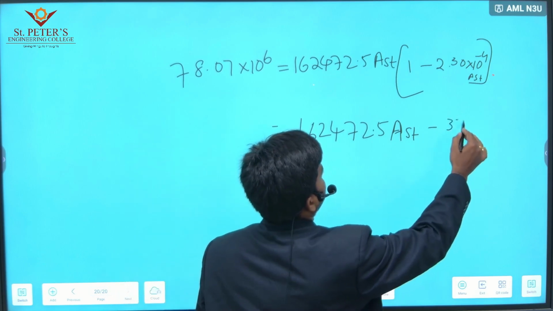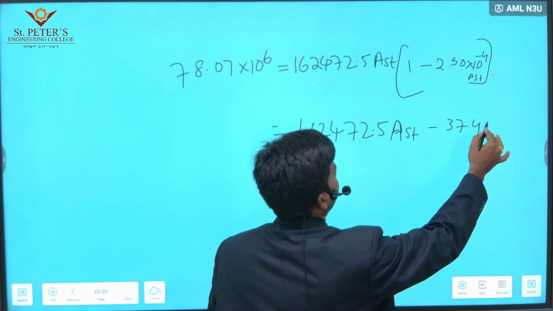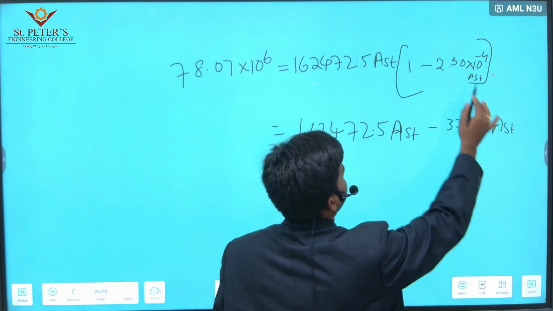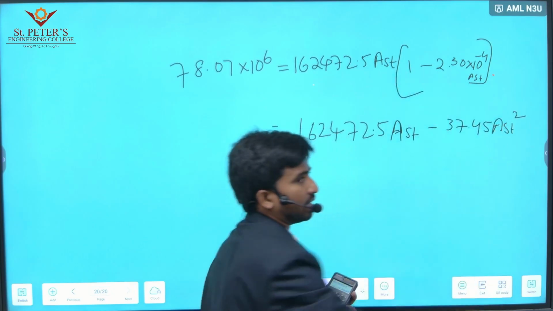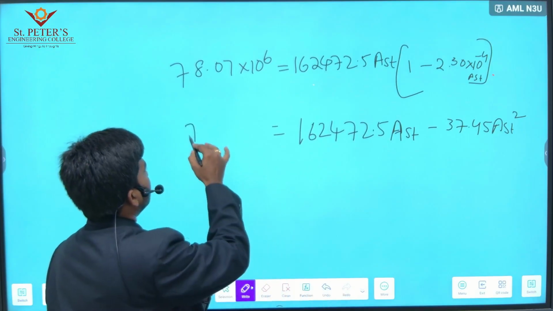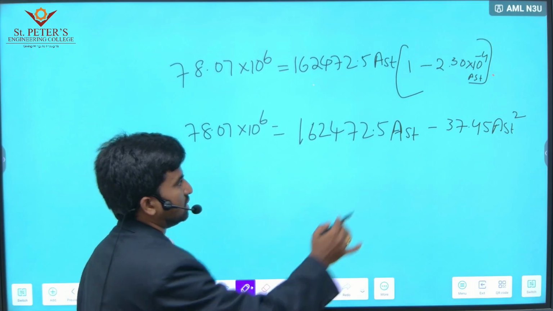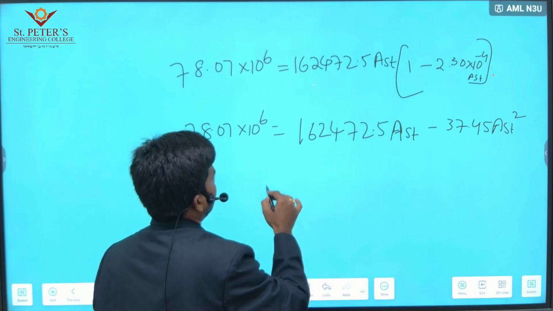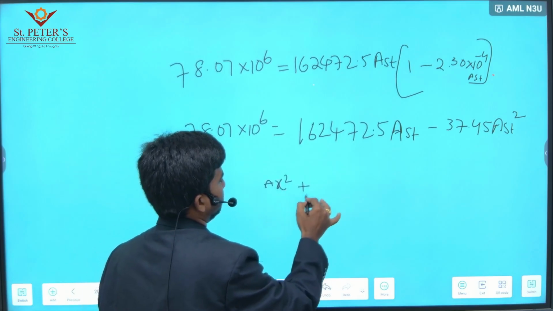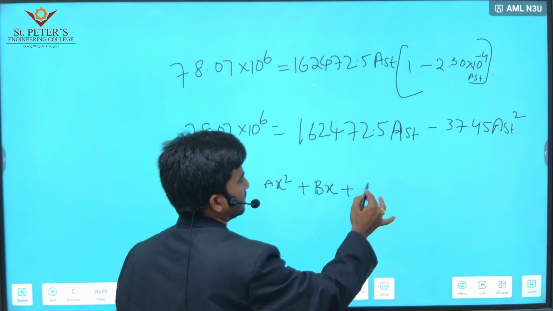Here 37.45 AST, with AST got AST square, 78.07 multiply with 10 power 6. This is in the format as ax square plus bx plus c.